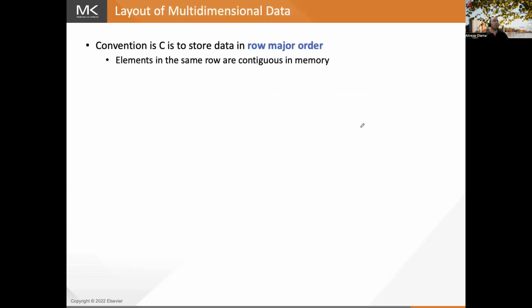All right. Before talking about how exactly we write the conversion logic, let's have a short review on how C stores multi-dimensional or two-dimensional arrays. In C, we store multi-dimensional arrays in row-major order.